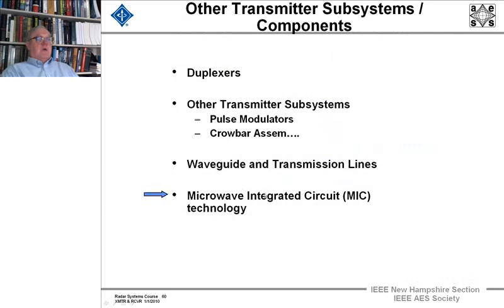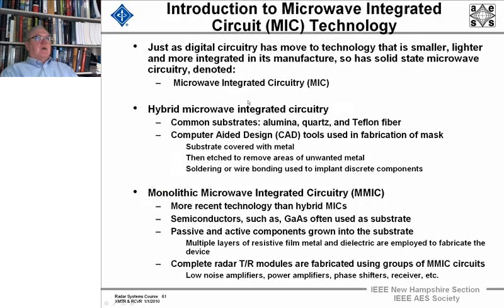And now to microwave integrated circuitry. Microwave integrated circuitry, which has the acronym MIC, this technology is just digital circuitry that's moved to technology that's smaller, lighter, more integrated than solid-state microwave circuitry.